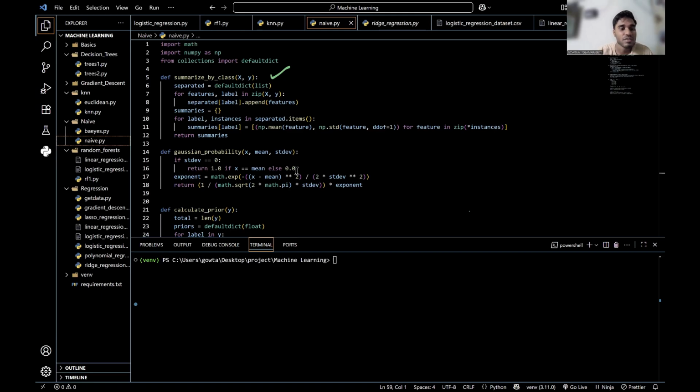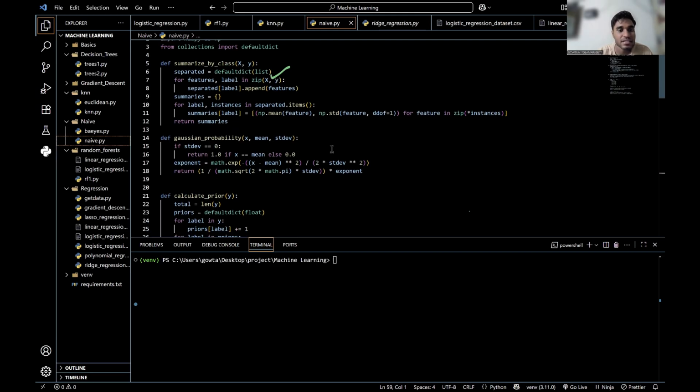X is the list of the feature vectors and Y is the list of the corresponding class labels. Zip X comma Y pairs each vector with its label. The separated is a dictionary where each class label maps to a list of its feature vectors. As a whole, this function returns the data points grouped by the class labels.